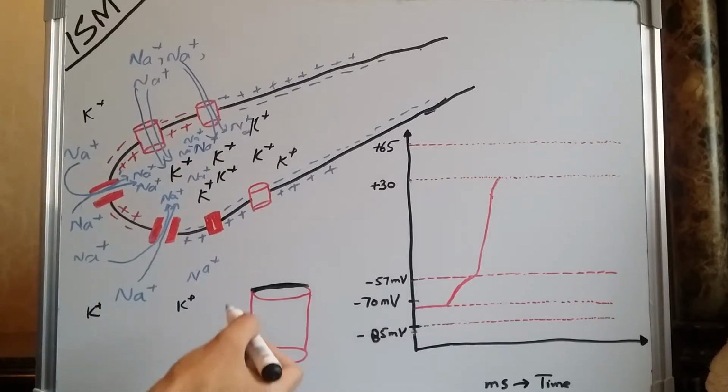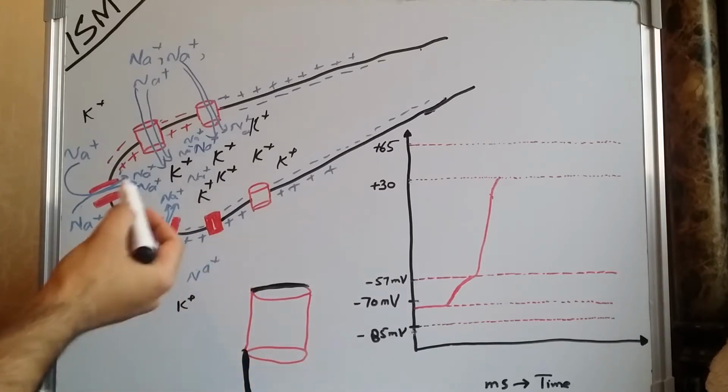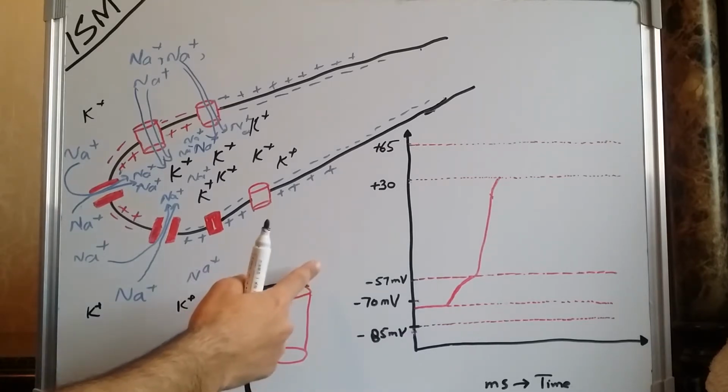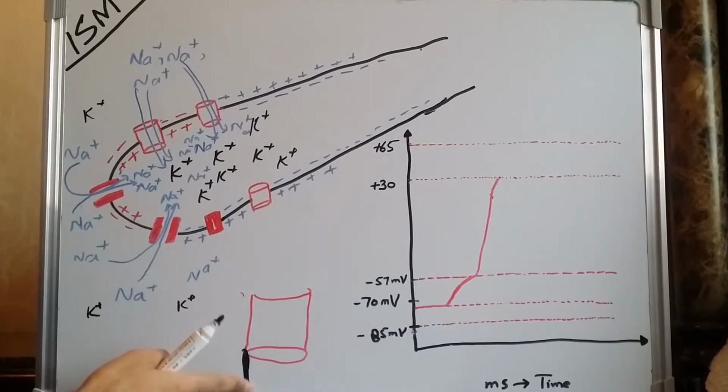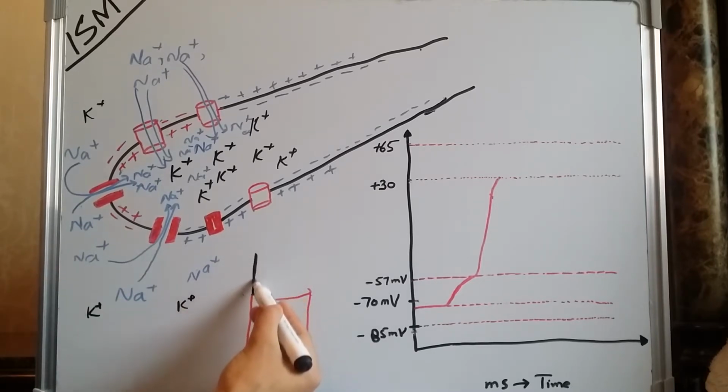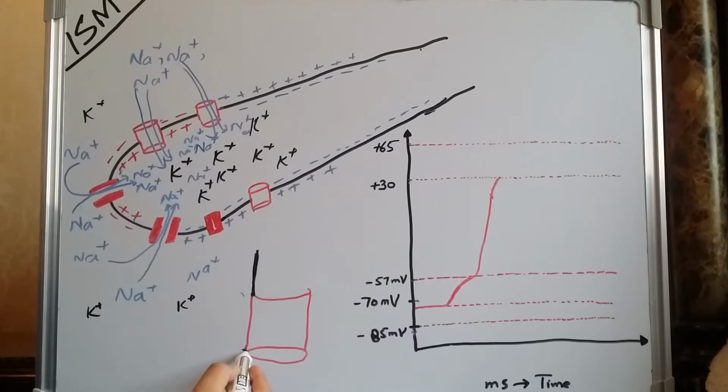Here, whenever the potential reaches minus 57, which is the threshold potential, these gates start opening and these gates start closing. So it will open up and then it will get closed.